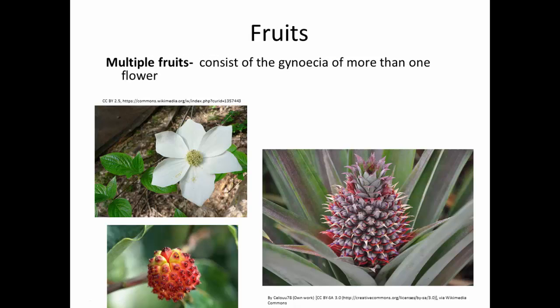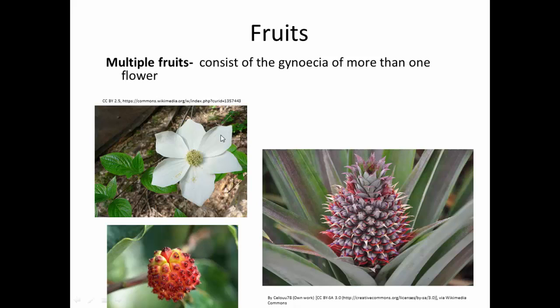Finally, the other option is that a fruit consists of the gynoecia of more than one flower. This is called a multiple fruit. It's not just forming from separate carpels that are in the same flower, it's actually forming from different flowers. So this is a fruit that forms from an inflorescence.